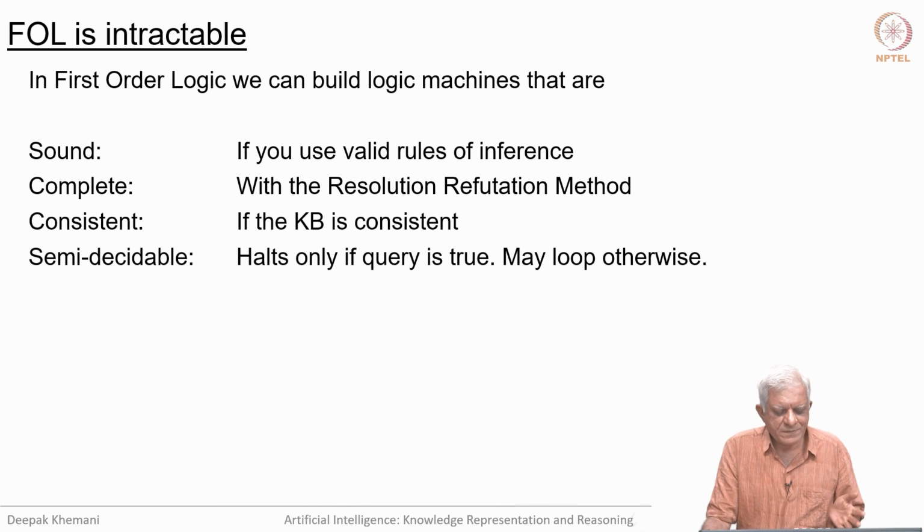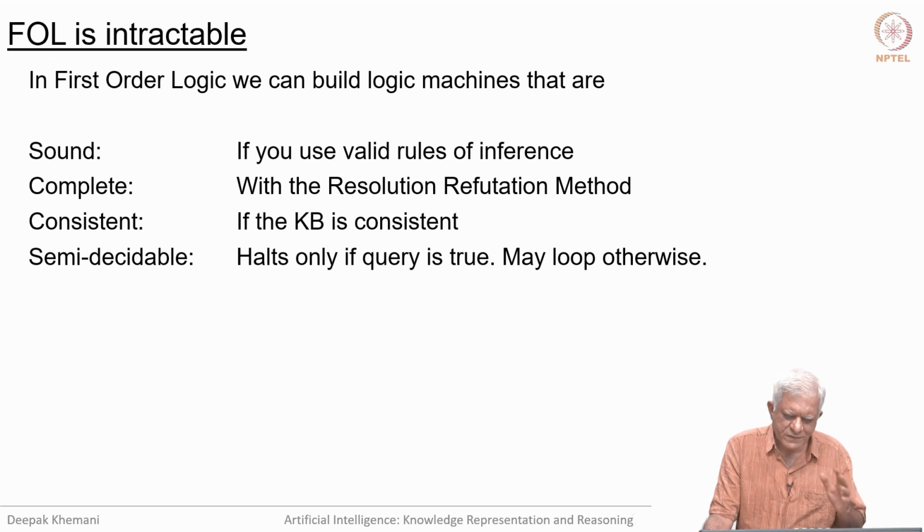When we say semi decidable, and that happens to be the case for first order logic, and we will see examples when we look at it from the logic programming perspective, it means that the theorem prover, the algorithm which is proving theorems, will halt if the query is true. So, in that sense it is complete, but if the query that you are asking is not true, then it may never halt and may go into an infinite loop.